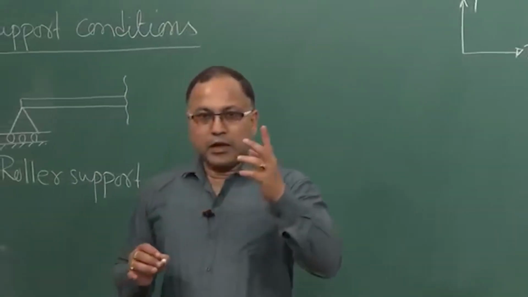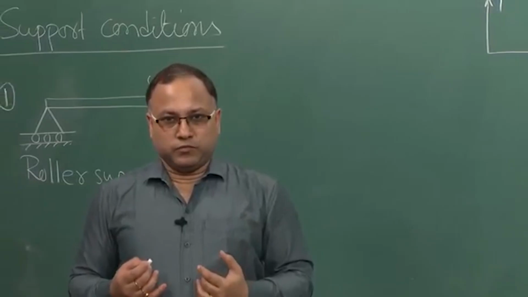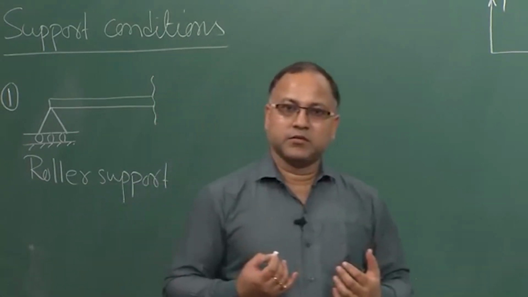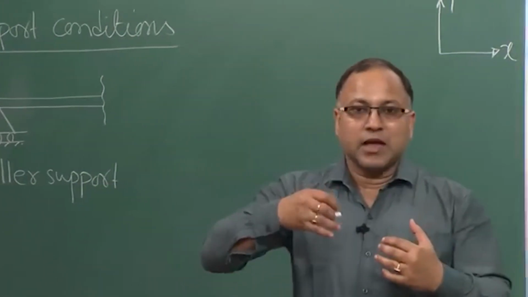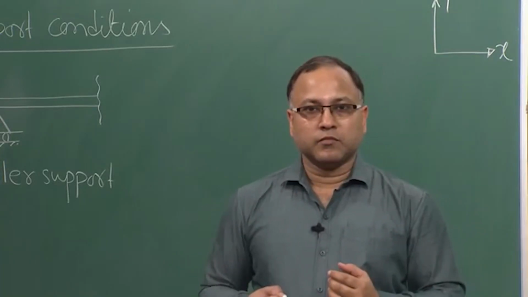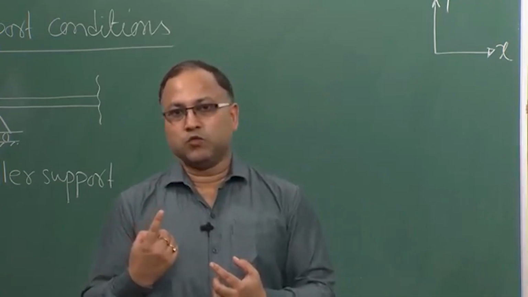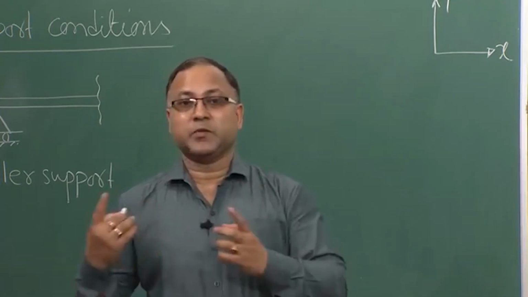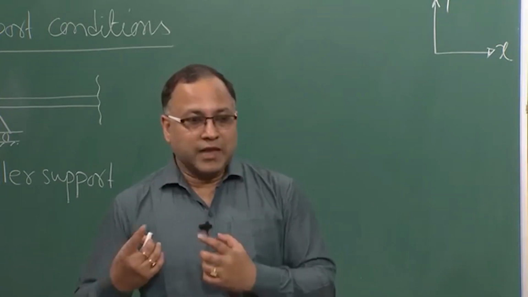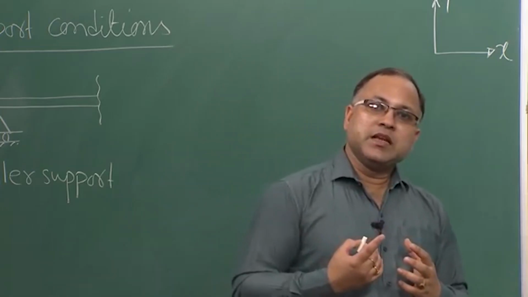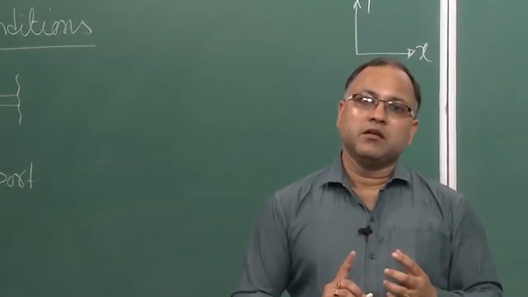As I told you, I am standing on the floor. My weight is giving some action on the floor, so the floor is giving an equal and opposite reaction, as per Newton's law, and that reaction will be in the upward direction.